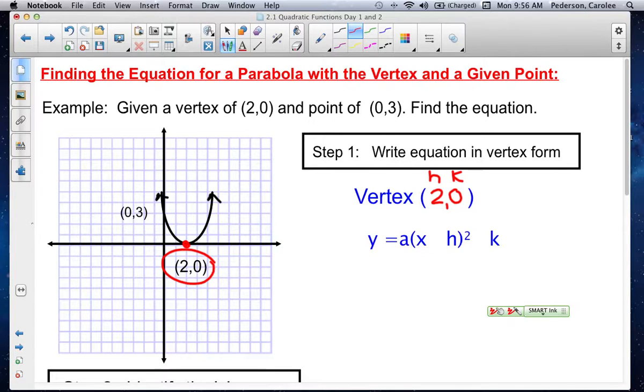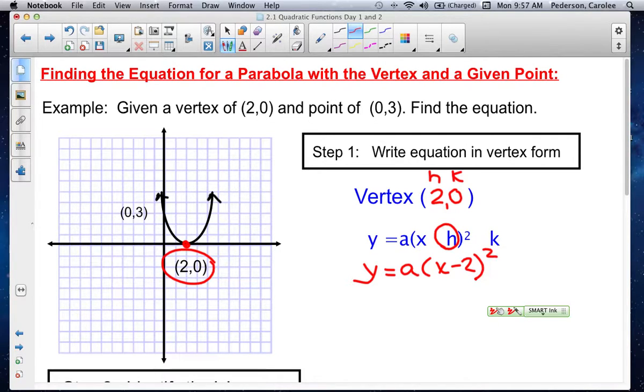So what's going to go right here? Is it a positive 2 or a negative 2? Negative 2. So our equation is going to start like this: y equals a, and then (x minus 2) all squared.